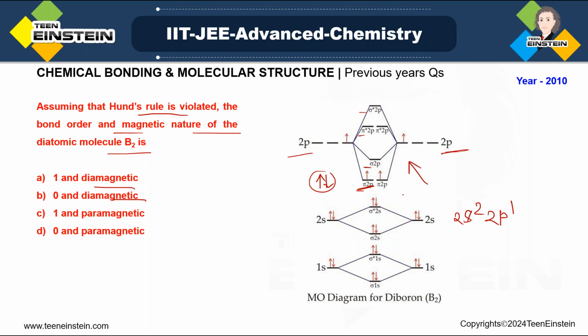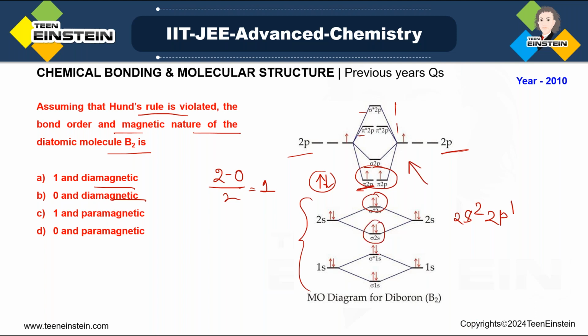What about the bond order? Total number of bonding electrons minus total number of anti-bonding electrons, divided by 2. So total bonding electrons 2, minus 0, because in anti-bonding you do not have any electron. So it should be 1. And if you are thinking why I have not considered this part to calculate bond order, it is not required. It is always cancelled.